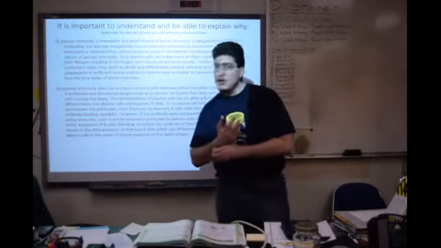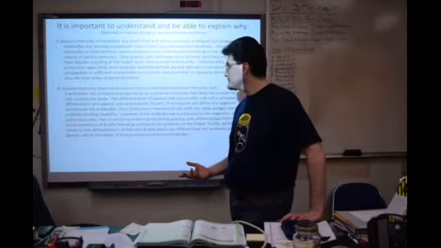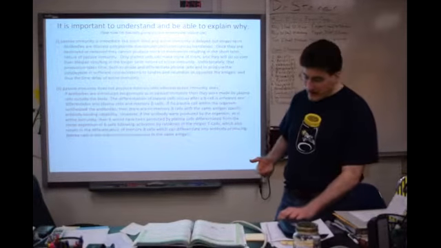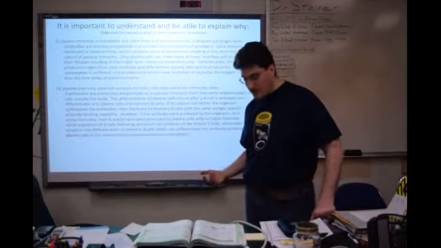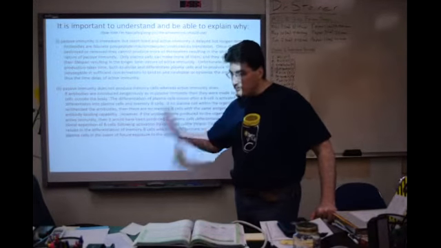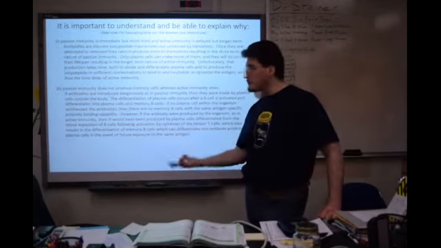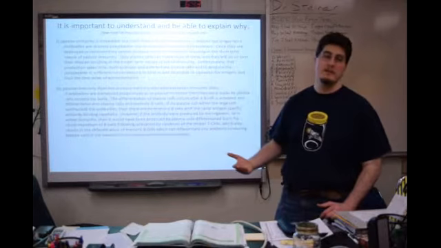Your secondary response is the result of memory B cells. Your active immunity is exposure to an antigen that produces memory B cells and plasma cells. Plasma cells producing antibodies, and memory B cells forming the memory.